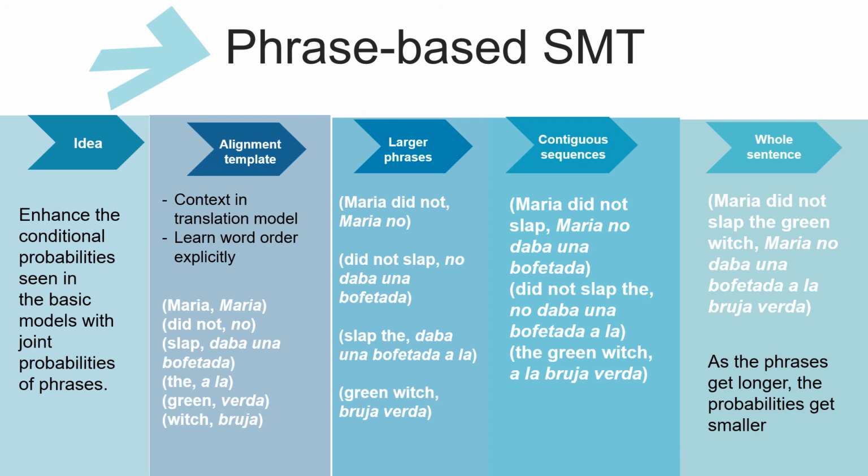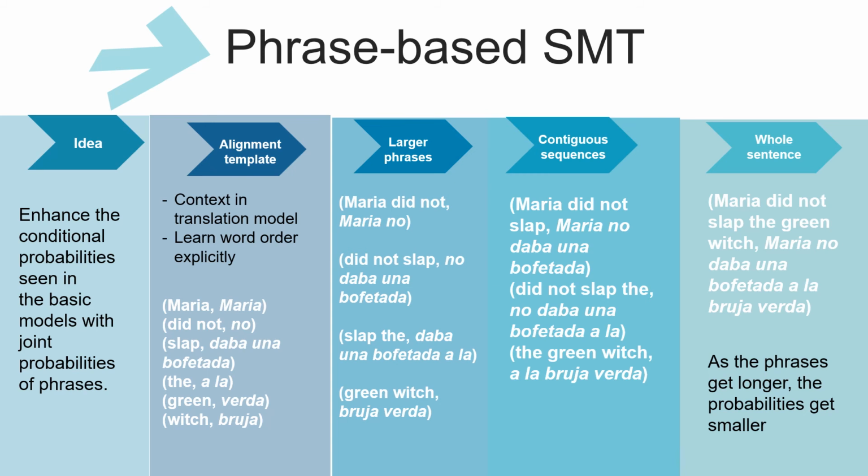The idea behind phrase-based statistical machine translation is to enhance the conditional probability seen in the basic models with joint probabilities, such as phrases. Because the alignment is again purely statistical, the resulting phrases don't need to correspond to linguistic constituents. And this approach has achieved higher accuracy for translation between languages with different word orders.